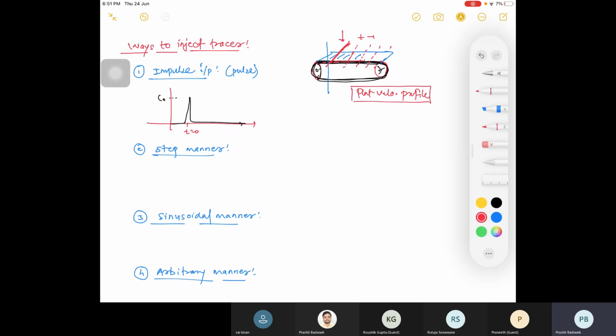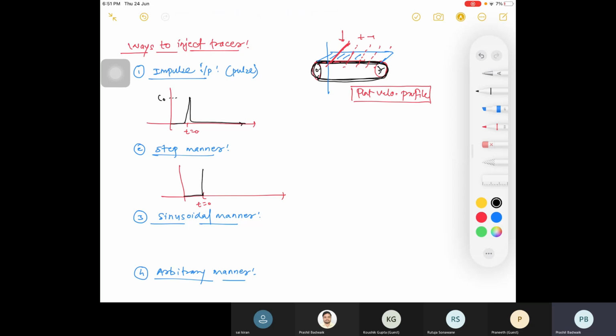Then in step manner I am drawing here. Before time t is equal to 0, there was no tracer at all, zero tracer. But suddenly at time t is equal to 0, you started putting the same amount of color, right?